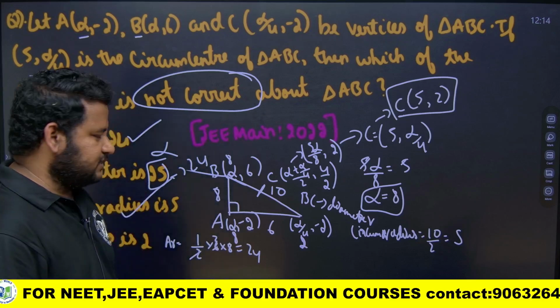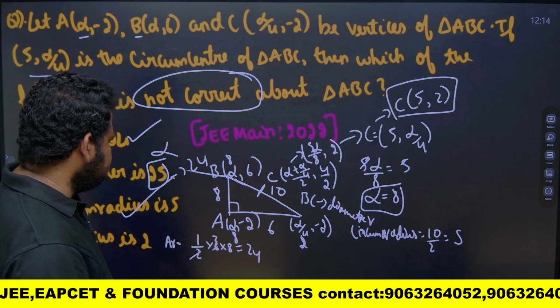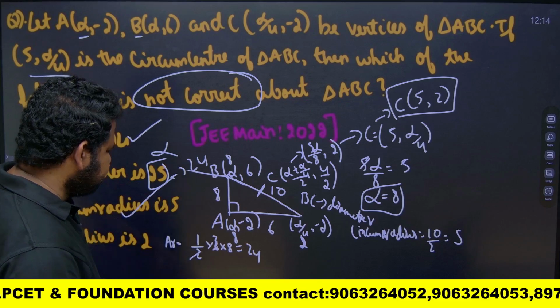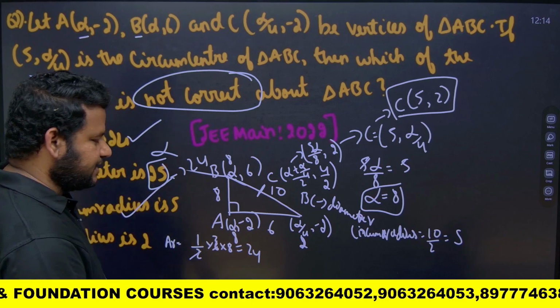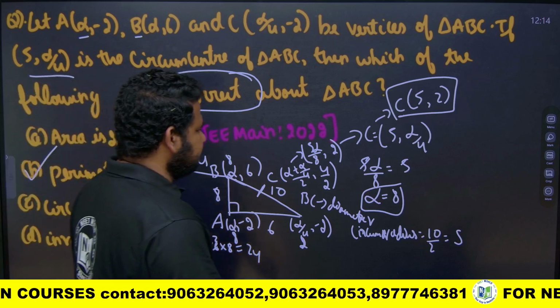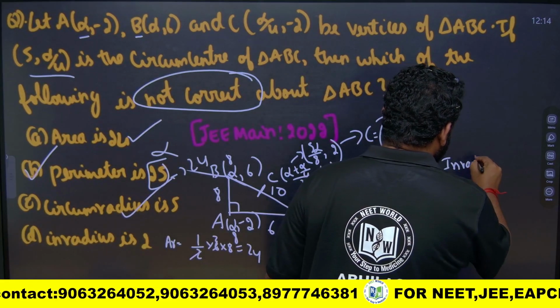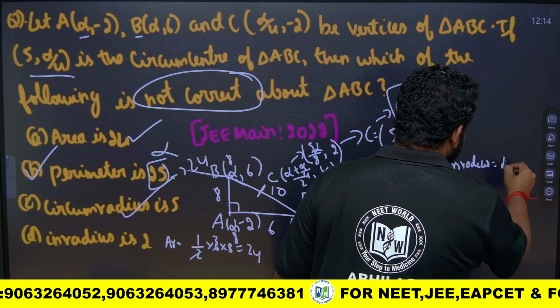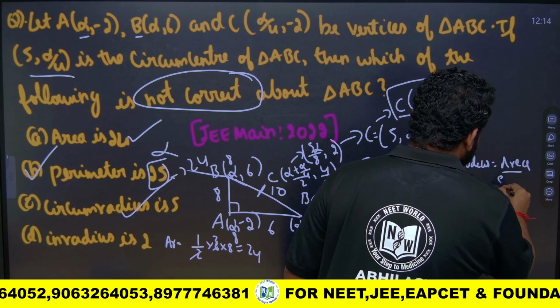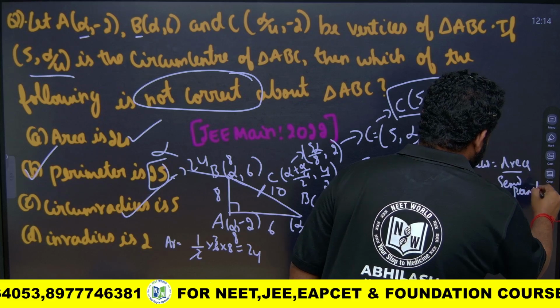What about the inradius? Inradius is also easy. The area of the triangle divided by the semi-perimeter gives us the inradius. The inradius formula is area of triangle divided by semi-perimeter, that is half of the perimeter.